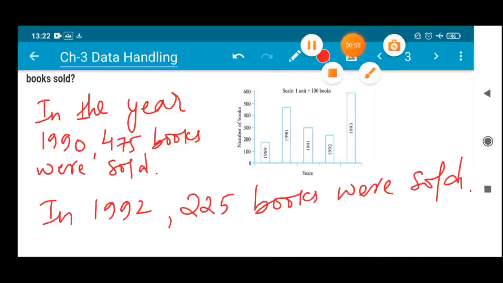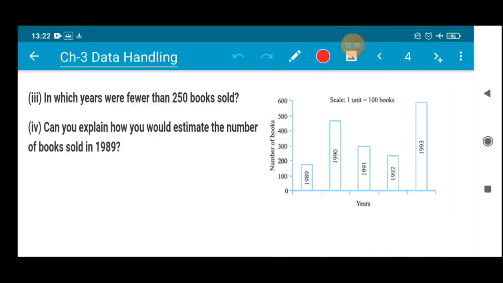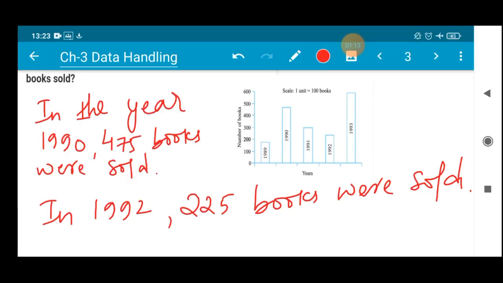Heading forward to question number 3. In which year were fewer than 250 books sold? By observing this bar graph, in our previous sum also we did that.